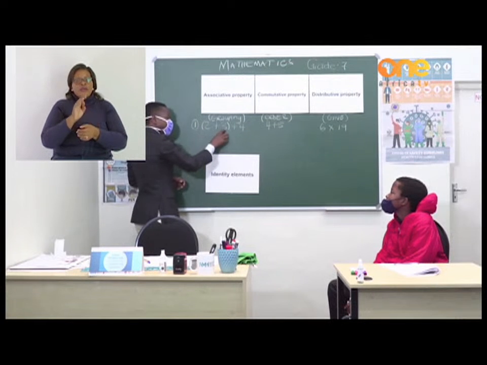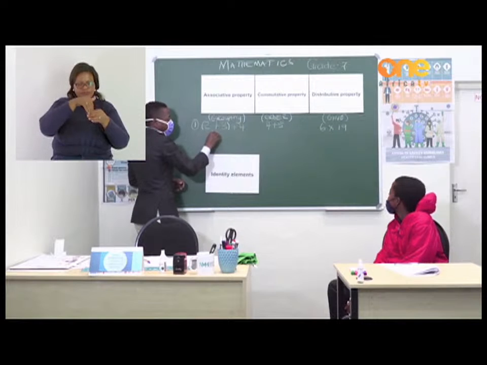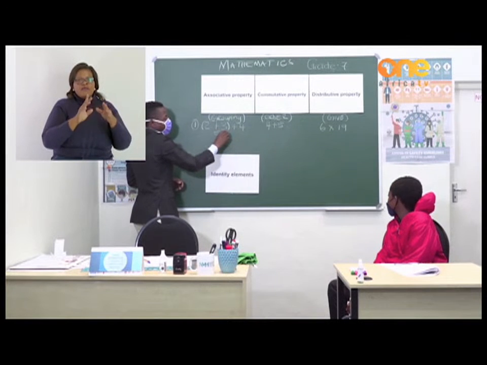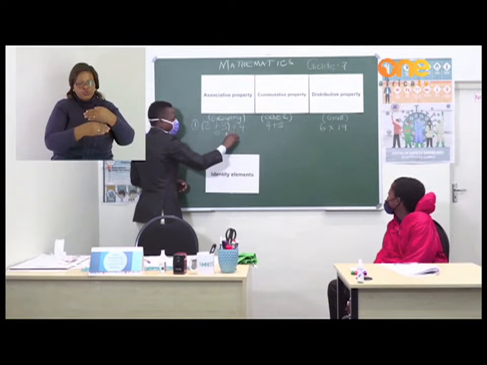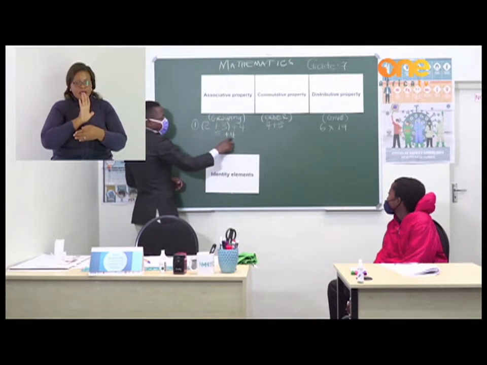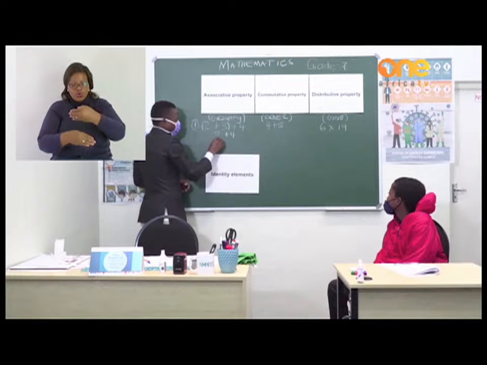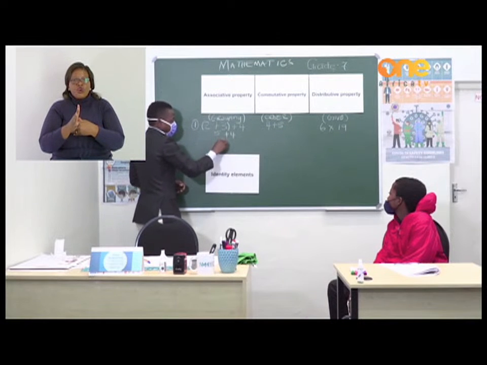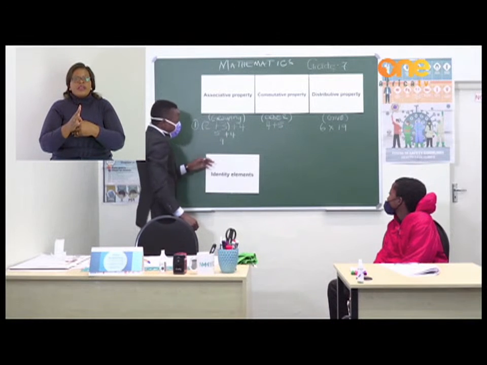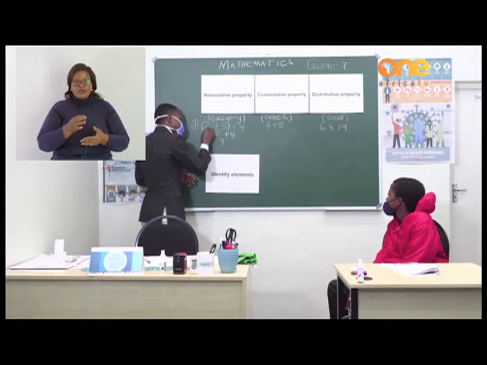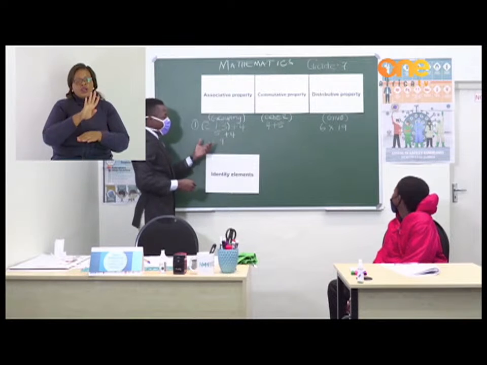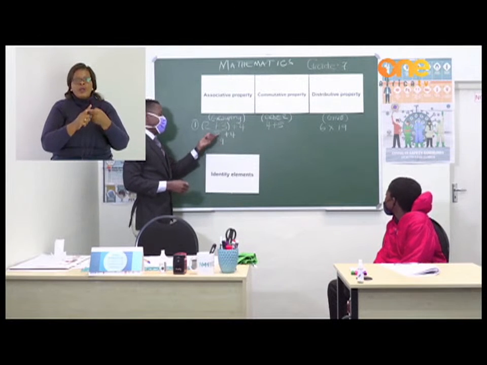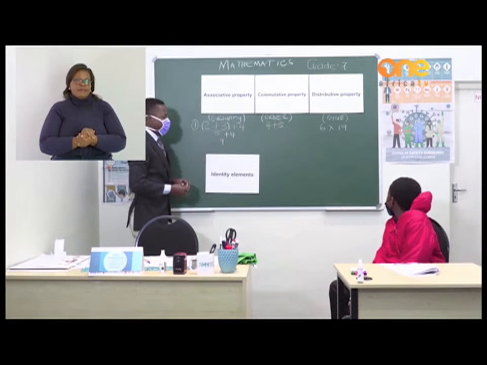So if I do this first, I'll get a 5, and I'll add a 4, then it's much easier for me to get a 9. I decided to start with 2 plus 3 because I know it will give me 5, and if I add 4 to 5, I'll get a 9.